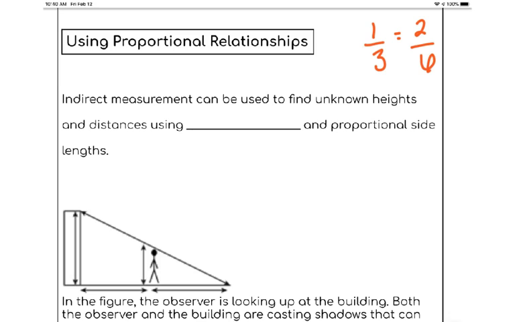So indirect measurement can be used to find unknown heights and distances using similar triangles and proportional side lengths. Okay, so for instance, in this case, 1/3 equals 2/6. One might be the length of one side, and then 2 might be the length of the corresponding side. So either way, they are proportional.